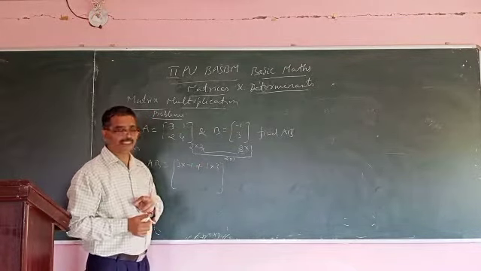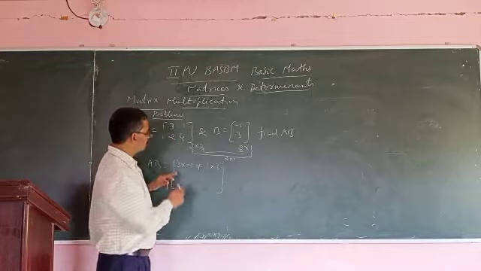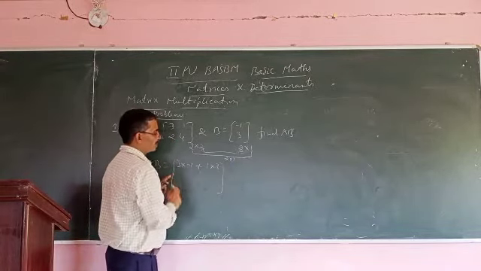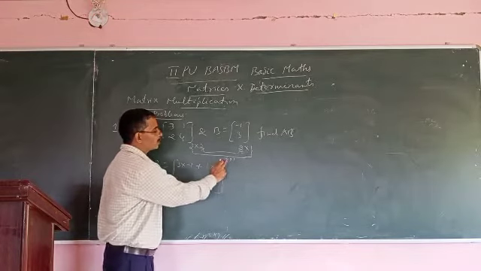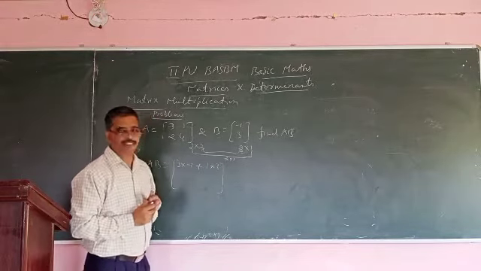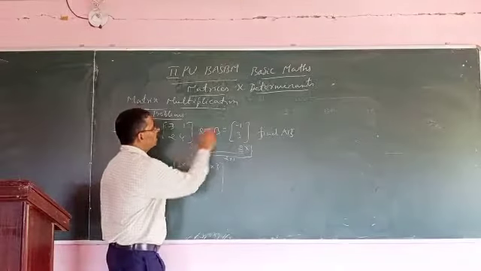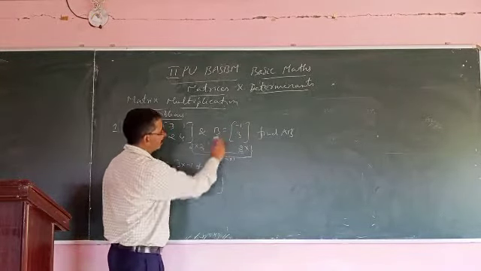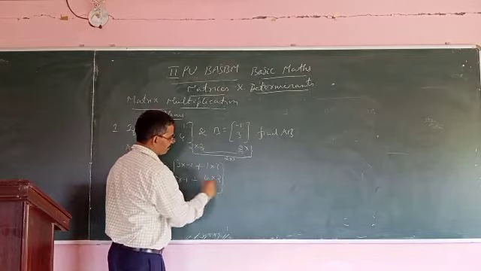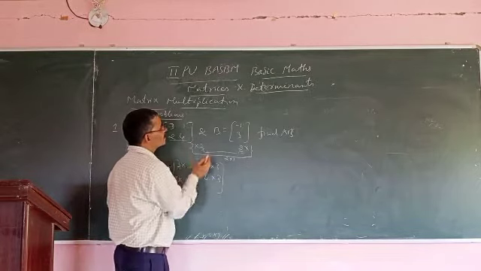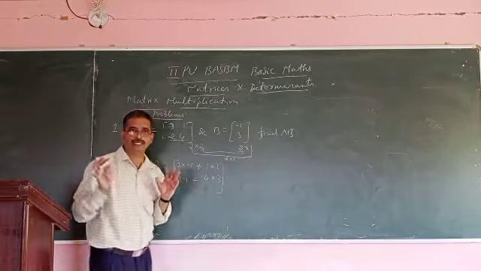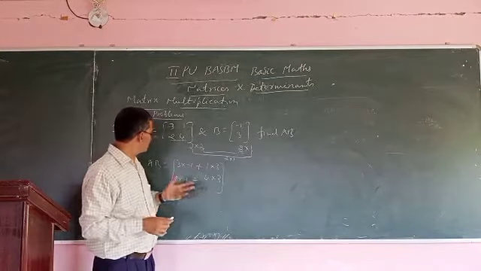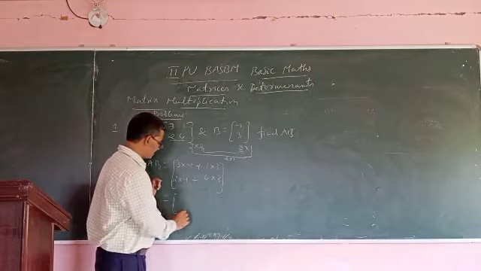This is how multiplication is done. Next, the second row. 2 rows, 1 column in the resultant matrix. So 2 into minus 1 plus 4 into 3. Once the first row is over, consider the second row. This you know: addition, simplification, multiplication.